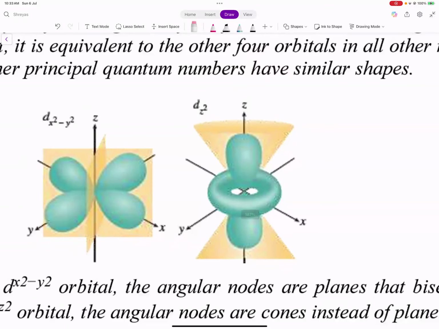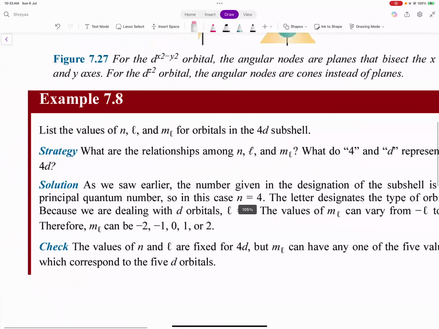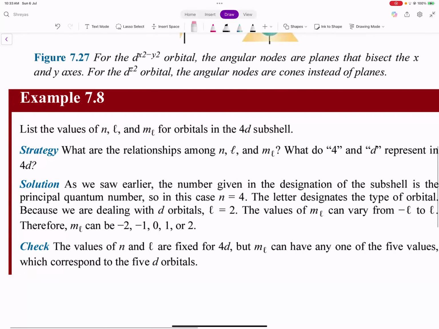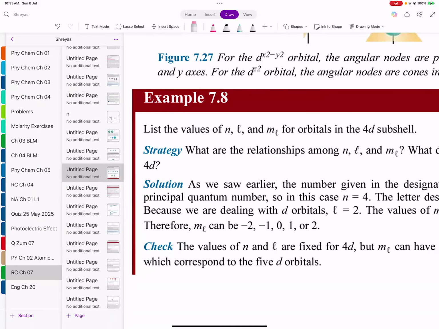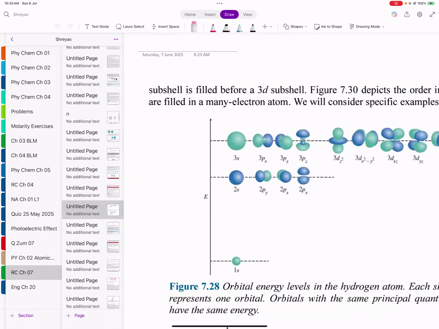So I think this is more. Now, do this example actually. We talked about the energies of the levels.